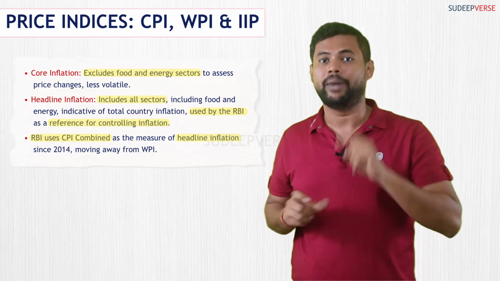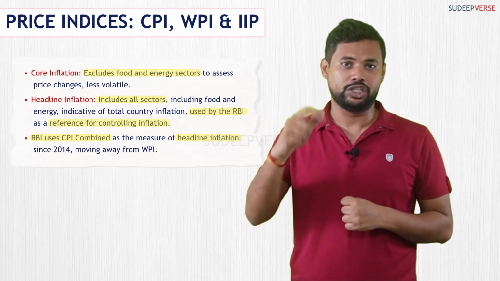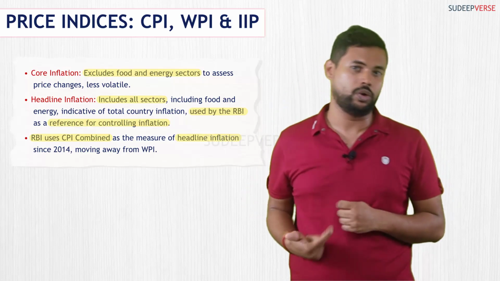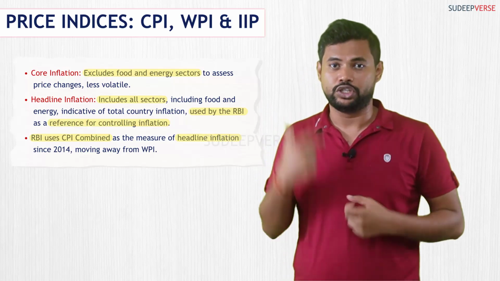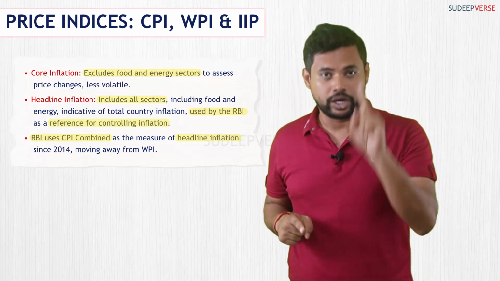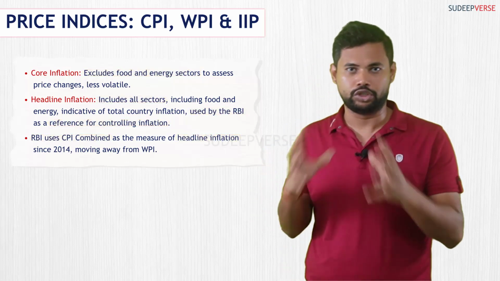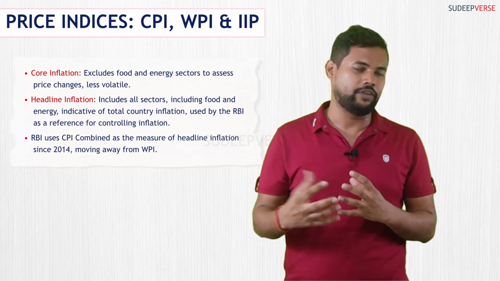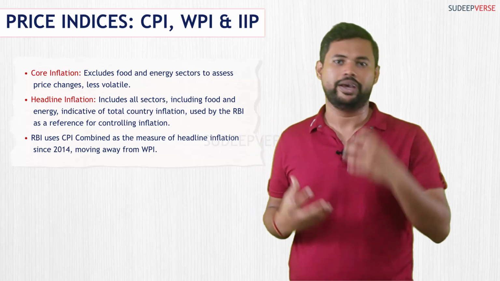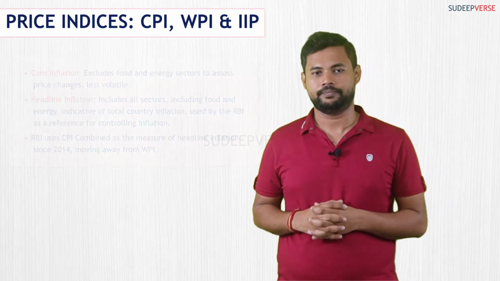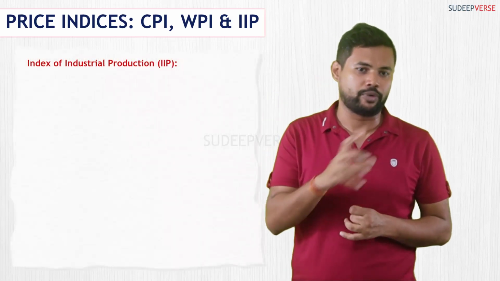So CPI combined, released by MOSPI's NSO, is the reference used by the Monetary Policy Committee to control inflation in India. I hope you understood what inflation is, what headline inflation is, what core inflation is, what CPI is, and what WPI is. The next is the Index of Industrial Production.